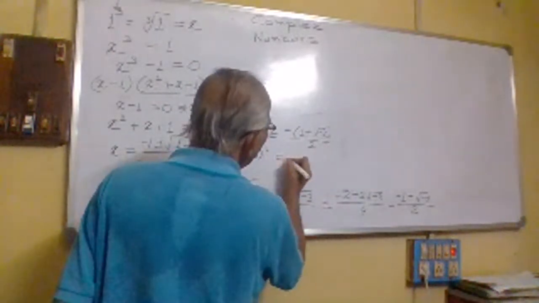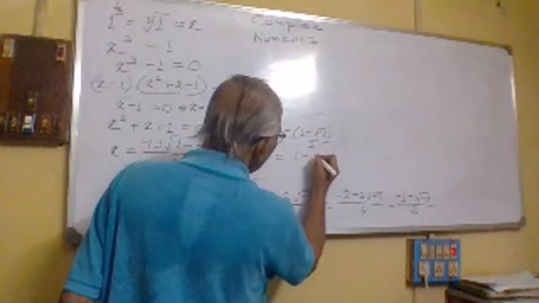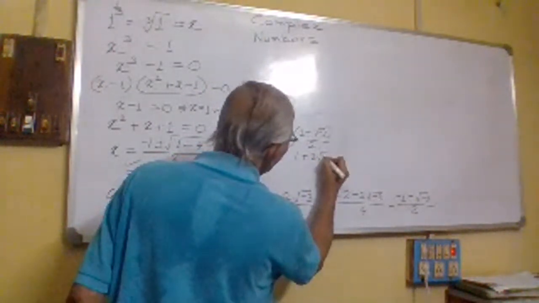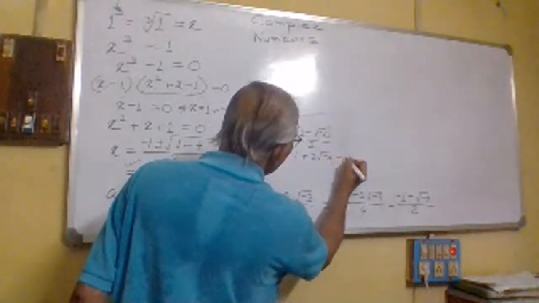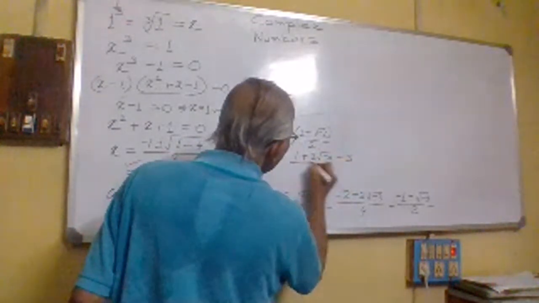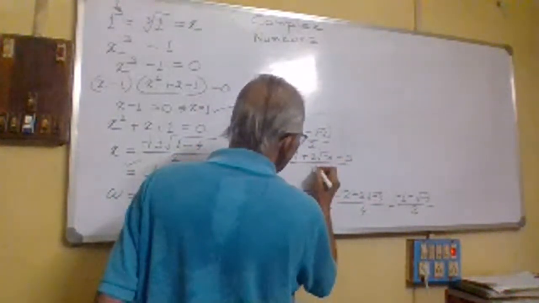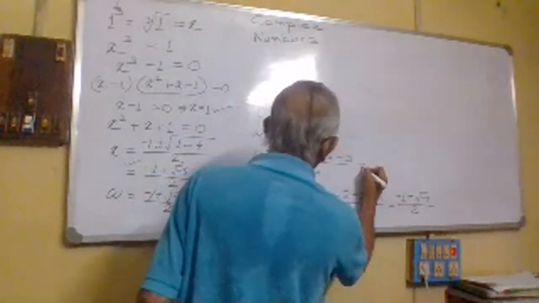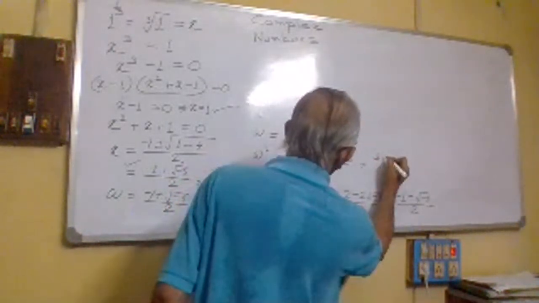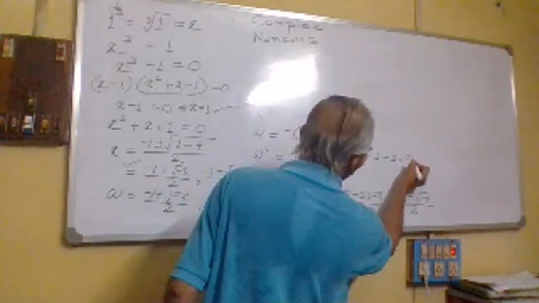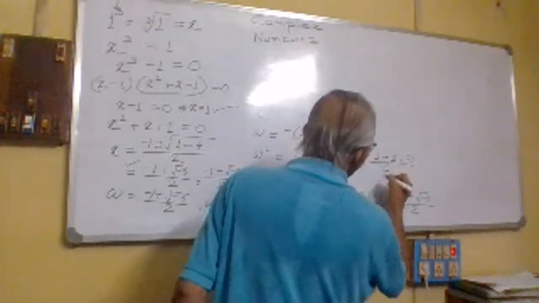Omega square will be 1 minus plus 2 root minus 3, by 2. Sorry, it will become by 4. So this becomes minus 2 plus 2 root of minus 3, by 4.